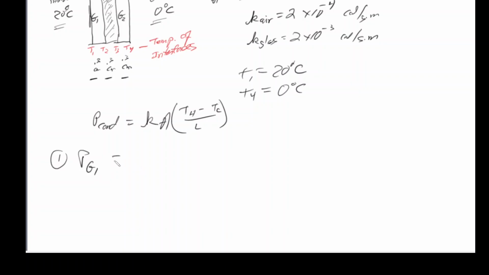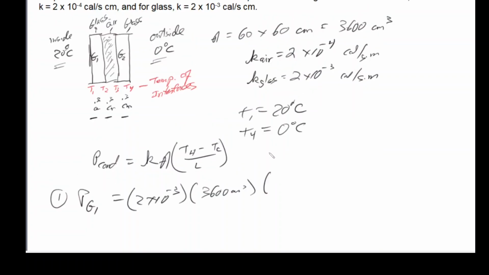So we'll put the numbers in. That's equal to K, which is 2 times 10 to the minus 3 for glass, times the area, which is 60 by 60 square centimeters, or 3,600 centimeters squared, times the hot minus cold temperature.